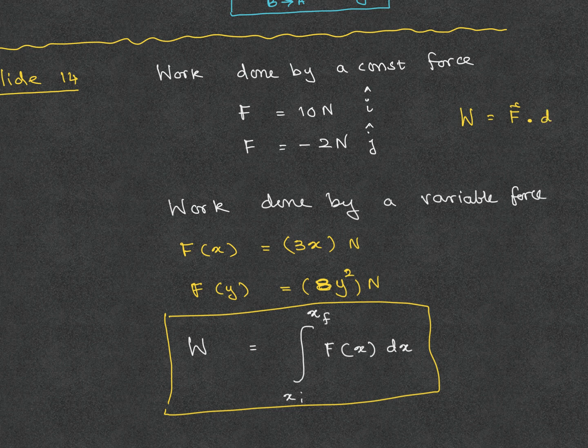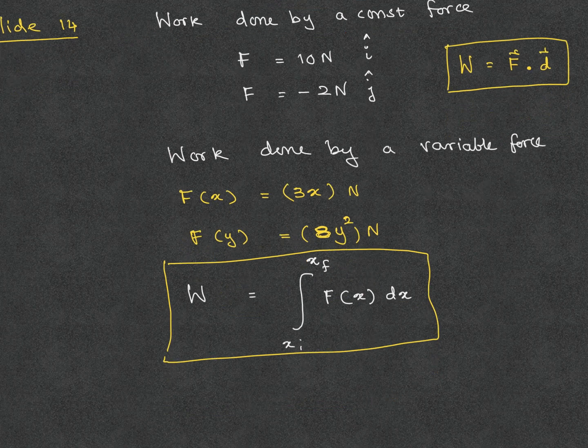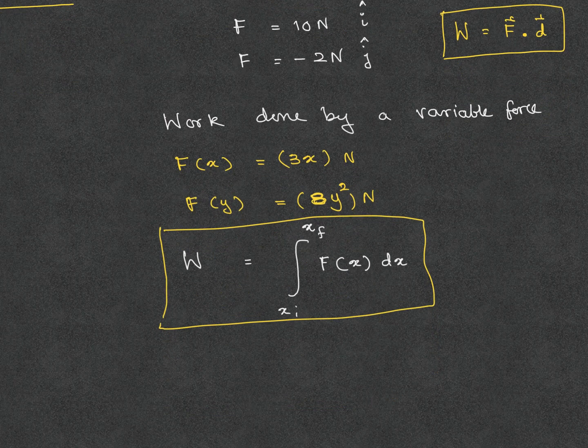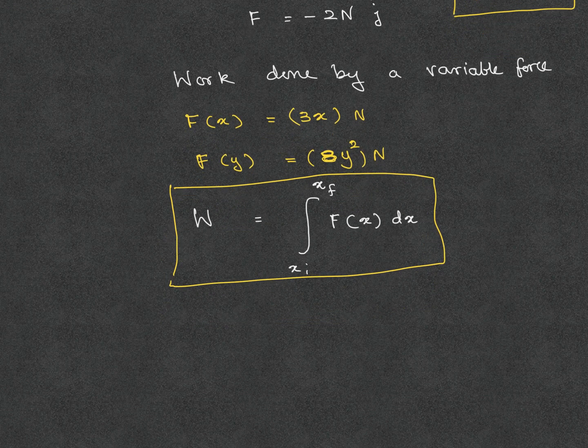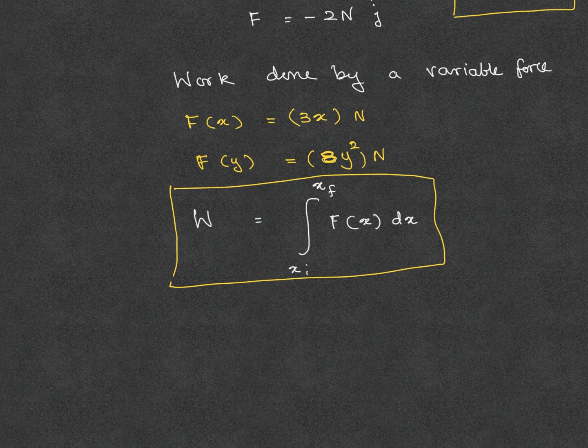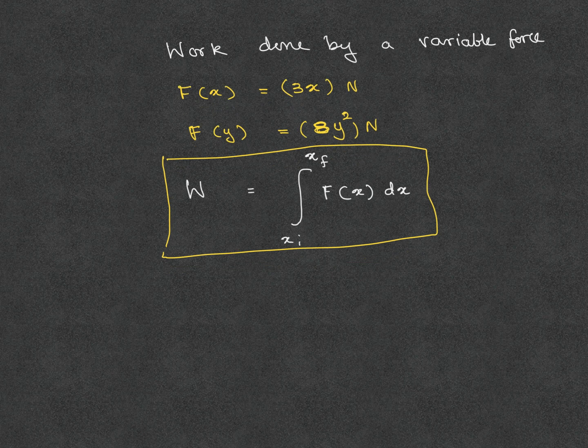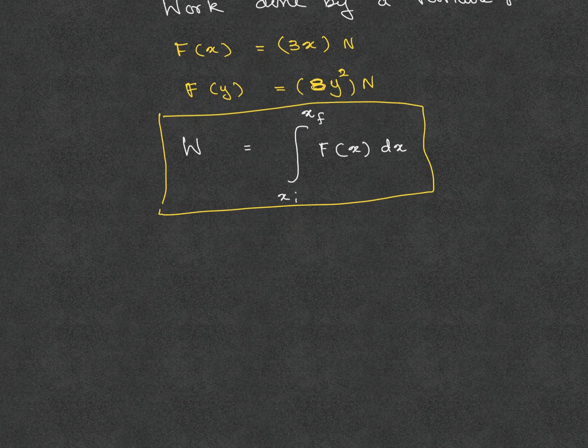So earlier we had work equals F dot d, and down here we have work equals the variable function dotted with the variable, which in this case is x. We are taking the dot product with dx, but you don't really see the dot product because F and dx are both in the same line, and the angle becomes cosine 0. Cosine 0 is 1.